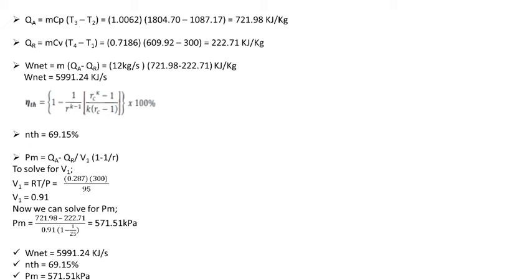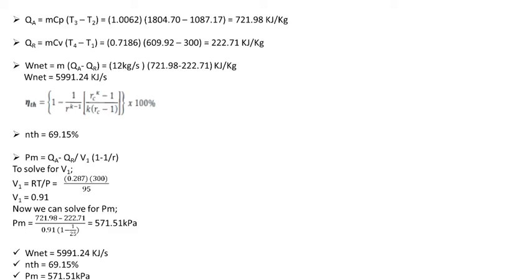So we have PM equals (QA minus QR) over V1 multiplied by (1 minus 1 over r). To solve for V1 we have V1 equals RT over P equals 0.287 multiplied by 300 divided by 95, which we will get 0.91, and that is our volume 1.